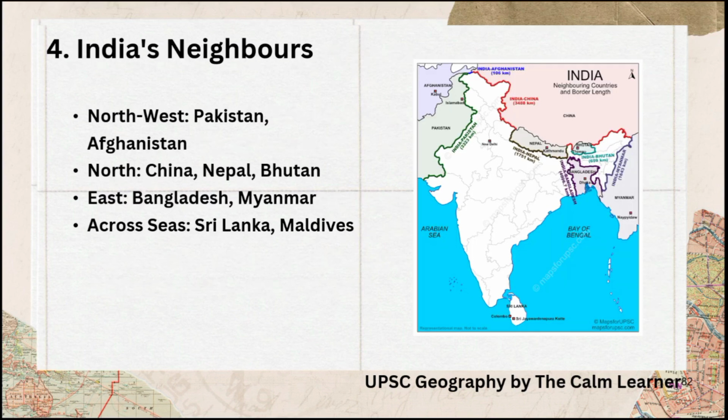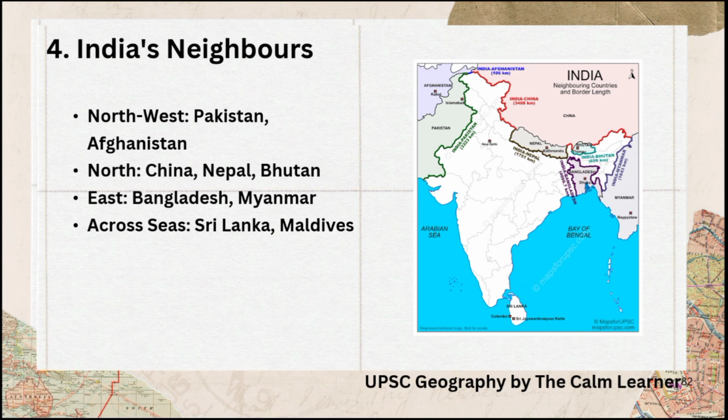Let us now look at India's neighboring countries. In the northwest, India shares its boundaries with Pakistan and Afghanistan. In the north, India is bordered by China, Nepal, and Bhutan. In the east, India shares its boundary with Bangladesh and Myanmar. Apart from land neighbors, India also has neighbors across the sea.